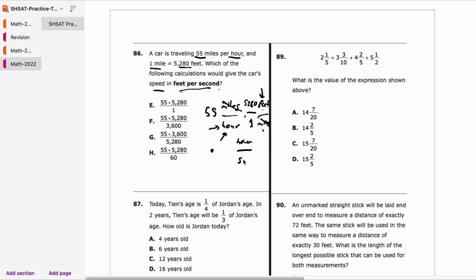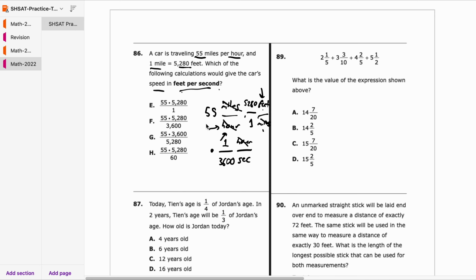And we need second in the denominator to get that feet per second, because then these hours would cancel out. So anyway, we know that for every 1 hour, there's going to be 3,600 seconds, right? You can check that.